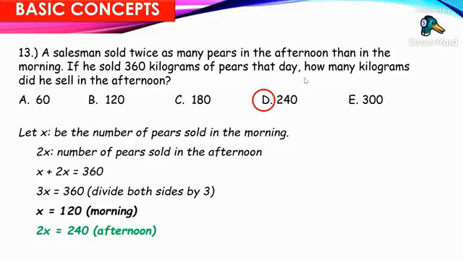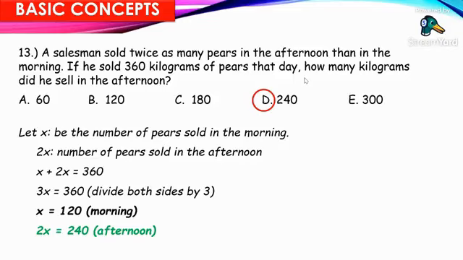Pero yung specific po yung tanong na panghapon. So, the answer is 240. Very good. Okay, very good po. For those who are explaining their answers, ibig sabihin po, naintindihan po ninyo yung problema. That is, solving for the number of kilograms in the afternoon.